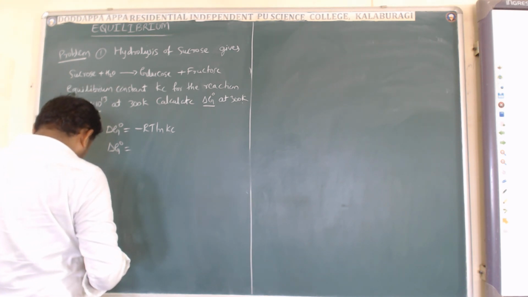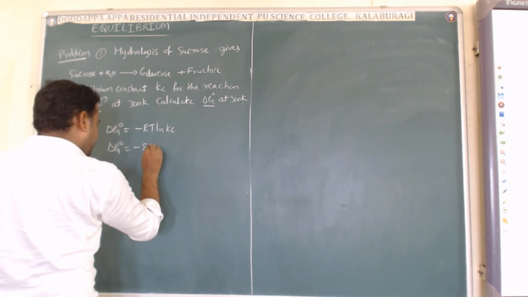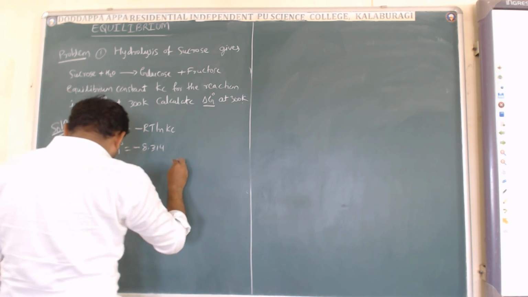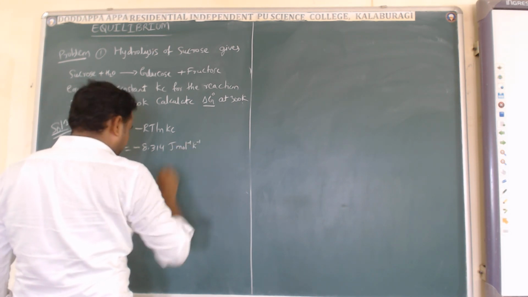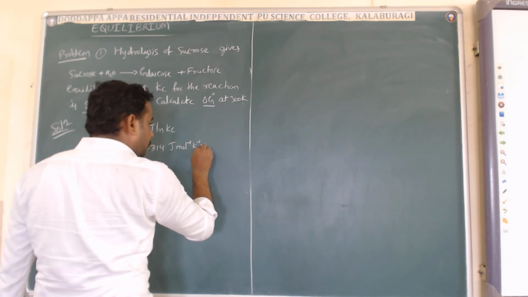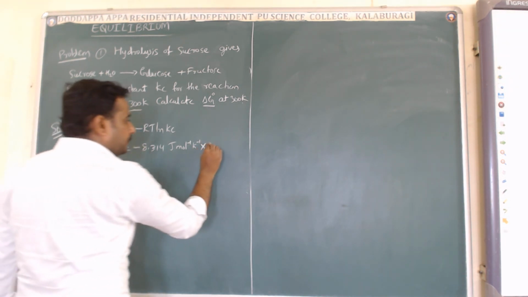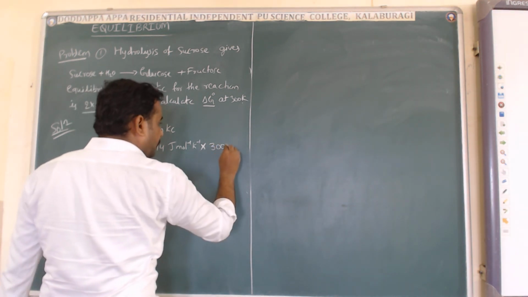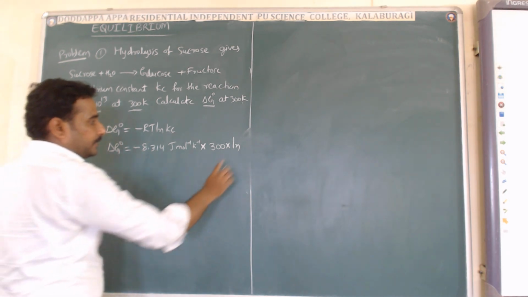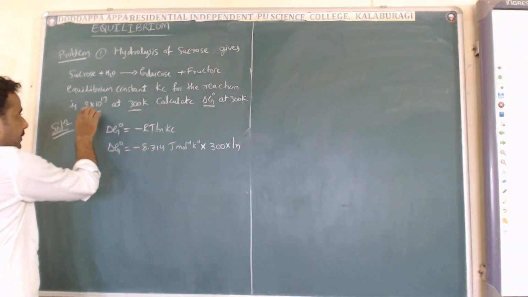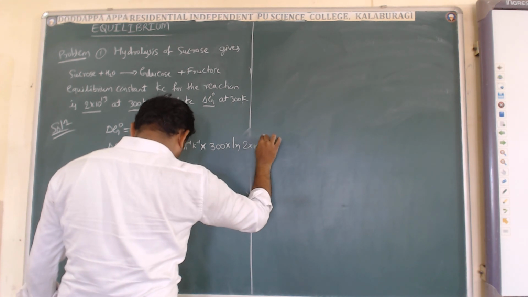If you are taking joules per mole per Kelvin, then you have to take minus 8.314 joules per mole per Kelvin, into the temperature, which is 300 Kelvin, into ln of the Kc value. The Kc value is 2 into 10 raised to 13.